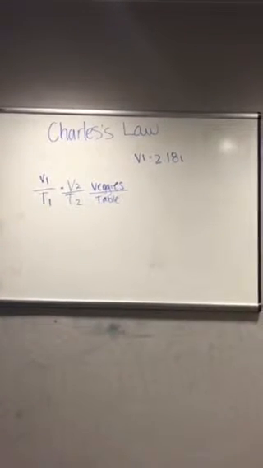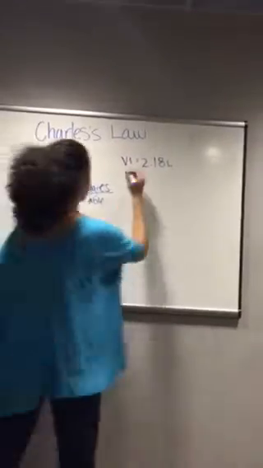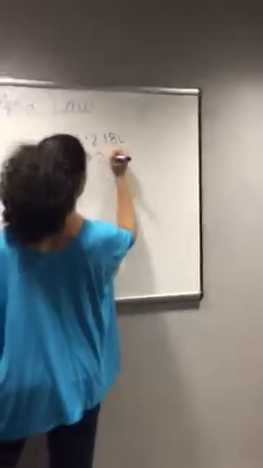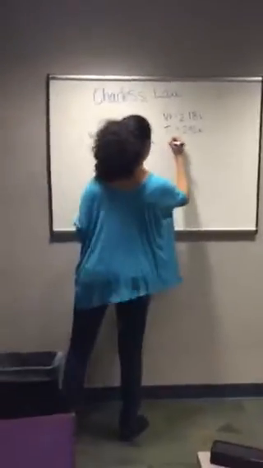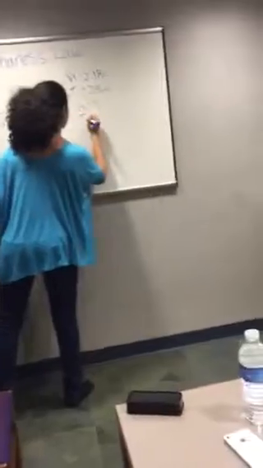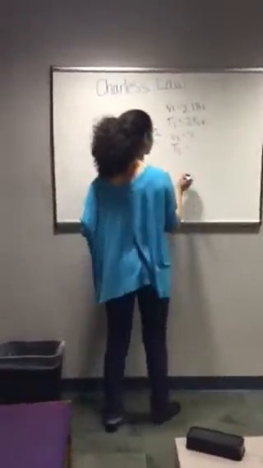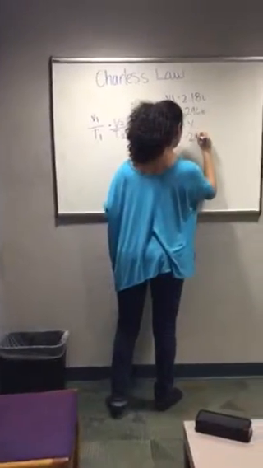T1 equals 23 degrees Celsius, and we add 273, which gets you 296 K, Kelvin. And we don't know V2, so V2 is X, and then T2 is 17 plus 273, which equals 290 Kelvin.